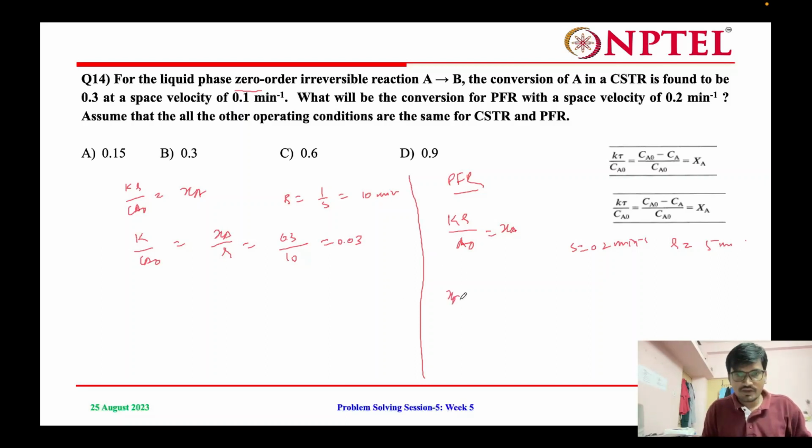XA is equal to k by C naught, 0.03, into tau, 5 minutes, which is 0.15. So 15% conversion for a PFR. That option is correct.